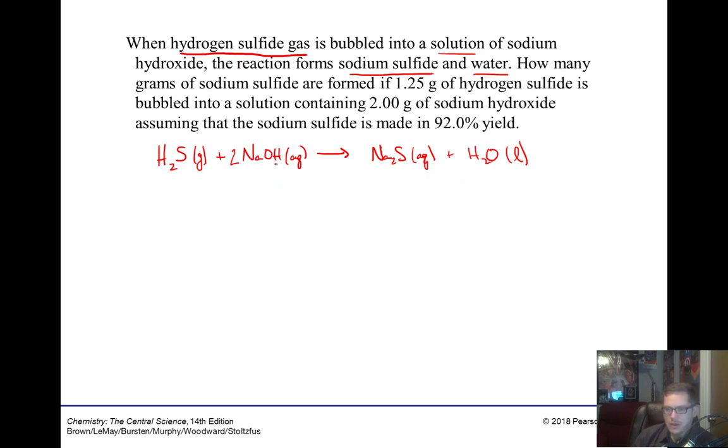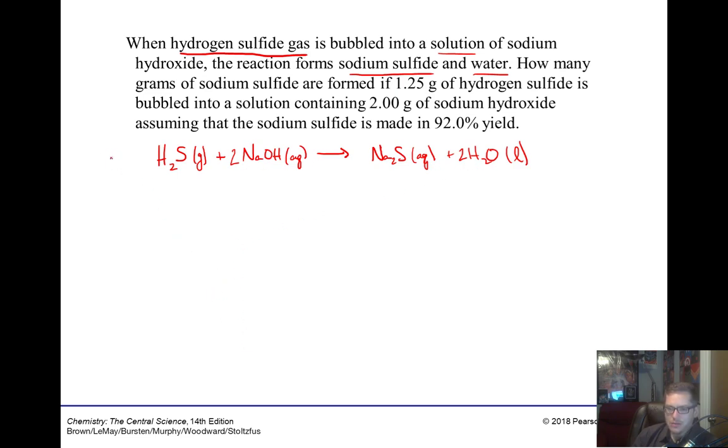So we've got 2 oxygens, that means I need 2 oxygens here. Now we've got 4 hydrogens and 4 hydrogens. Oh, thank goodness it worked out. Let's double check it real quick. 4 hydrogens on the reactant side, and 4 hydrogens on the product side. 1 sulfur, 1 sulfur, 2 sodiums, 2 sodiums, 2 oxygens, 2 oxygens. All right, so we're balanced.